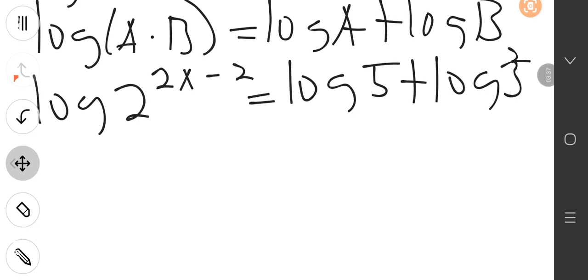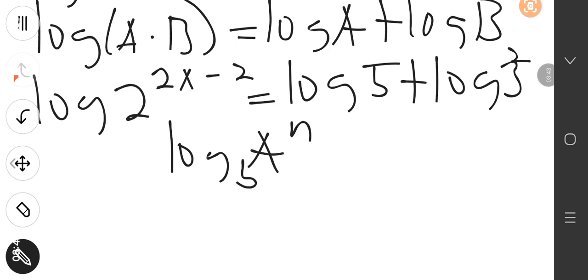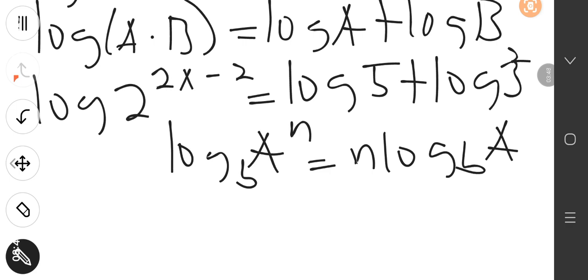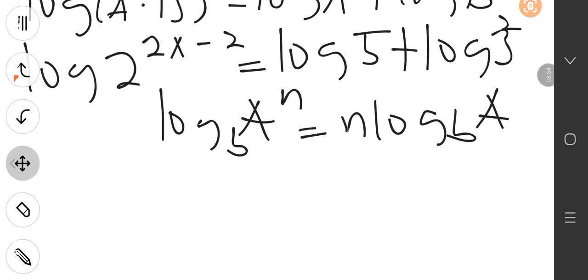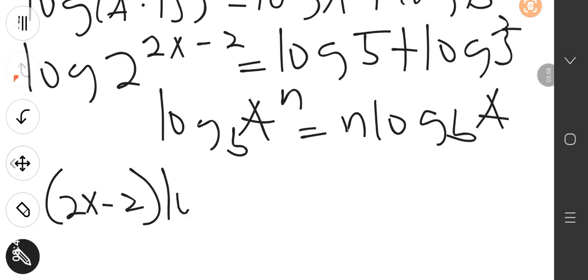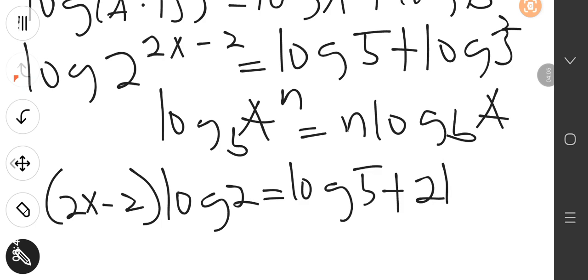All right, now at this point, we are going to apply the logarithm definition. So log a exponent n base b should give us n multiplying log a base b, okay? All right, so our equation becomes, okay, 2x minus 2 multiplying log 2 equals log 5 plus 2 log 3, okay?